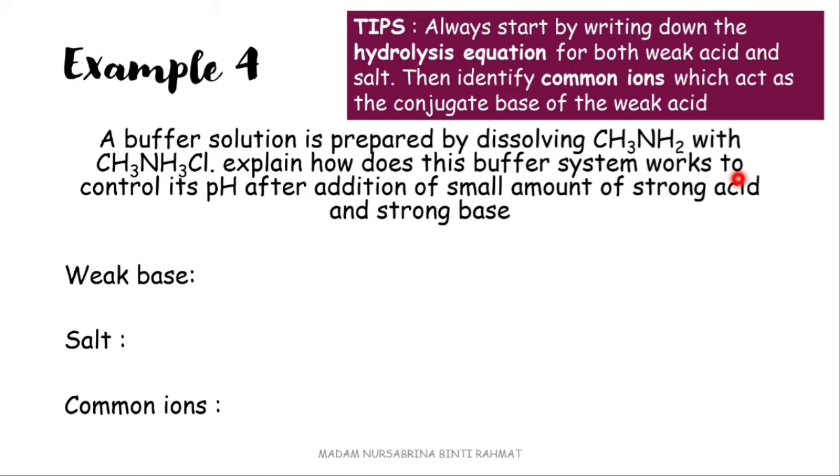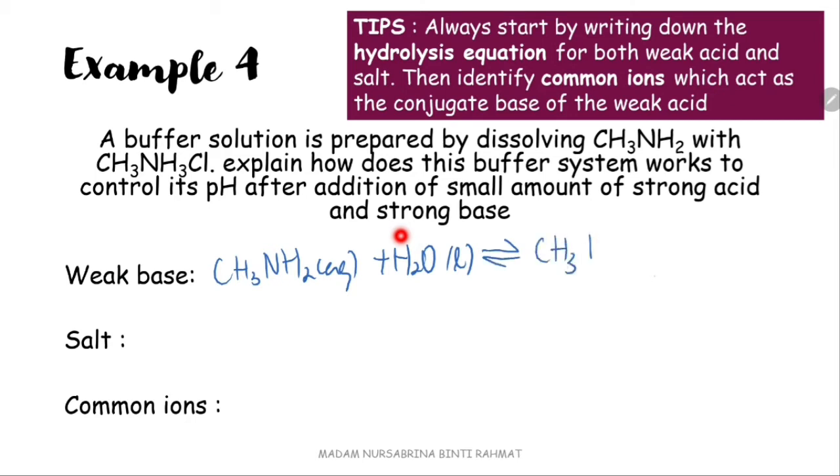So let's first write down the hydrolysis equation for my weak base, CH3NH2, in water. As a weak base, it will partially dissociate in water, so it's a reversible reaction, producing our conjugate acid, CH3NH3+, and releasing hydroxide ion in the equation.